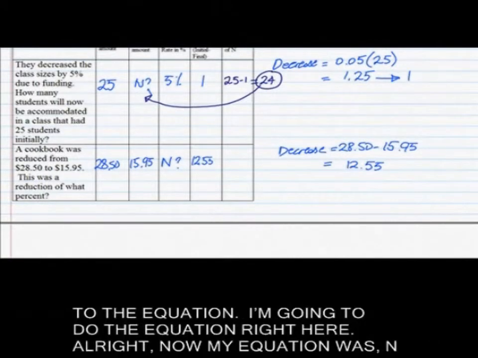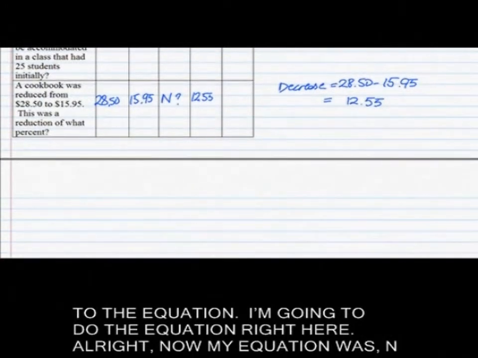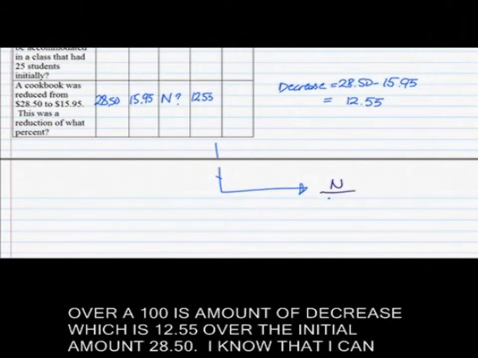Now let's go back to the equation. I'm going to do the equation right here. All right. Now my equation was n over 100 is amount of decrease, which is $12.55, over the initial amount, $28.50.